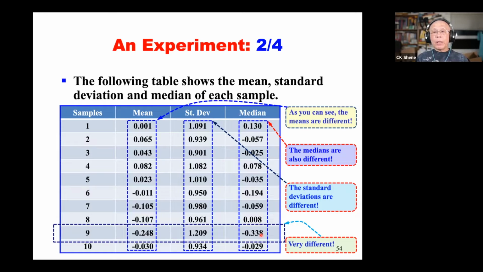So as you can see, the sample means of the samples are not 0. The sample medians are also different. The standard deviations are different. Now, look at sample 9. Sample 9's sample mean, sample standard deviation, and sample median are very different from other samples.